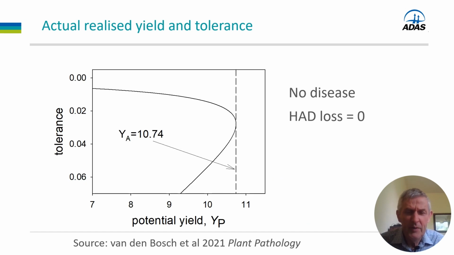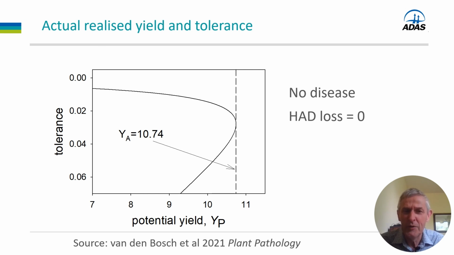So here we've got the solid line that represents the envelope within which it's feasible to breed, as represented by these particular populations of offspring of these wheat crosses. Now, if there was no disease, if we could completely eradicate disease from the crop, then the healthy area duration loss caused by disease would be zero, and we can use the equations we saw on the previous page to define a dotted line, which is a contour of achievable yield.